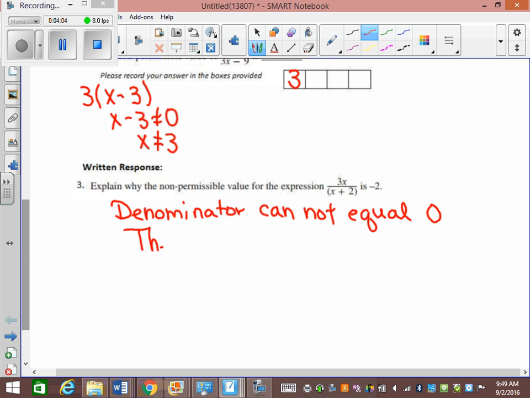Therefore, x plus 2, which is the denominator, can't equal 0. You solve it. X can't equal -2. That is the proper way to explain.